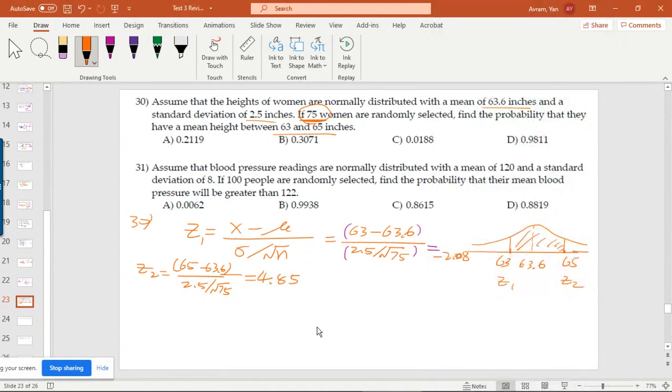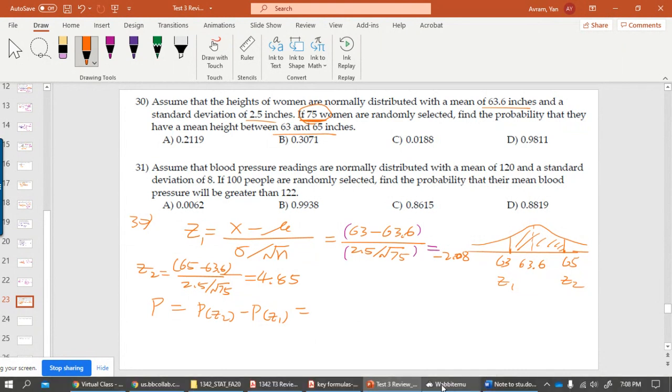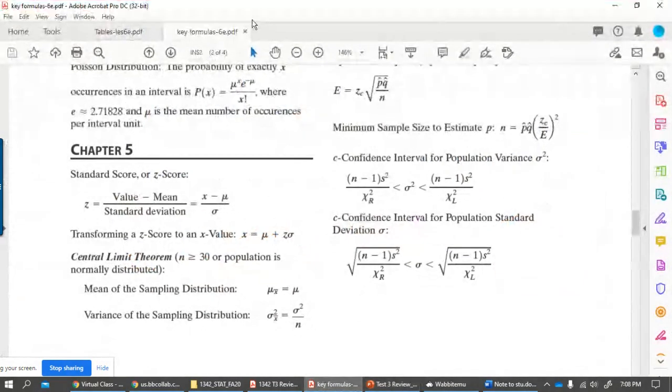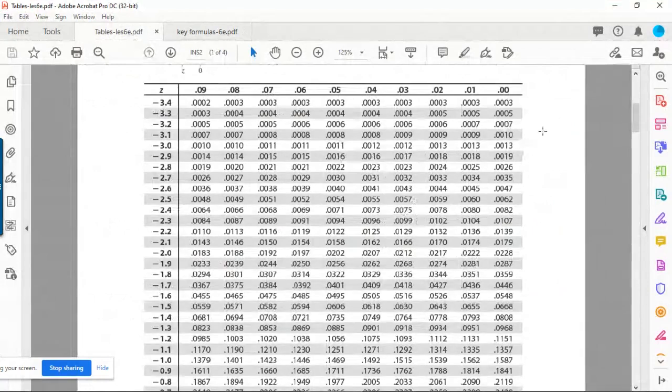Some people say, well, my table doesn't read 4.85. What happened here? For the probability in between, we're going to use the probability of z2 minus the probability of z1. 4.85 is greater than 3.9.